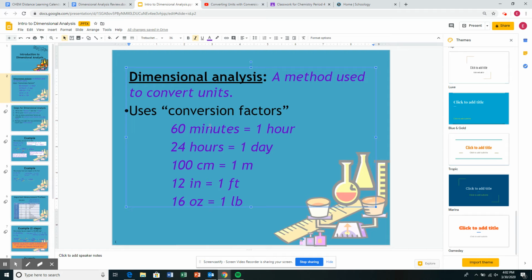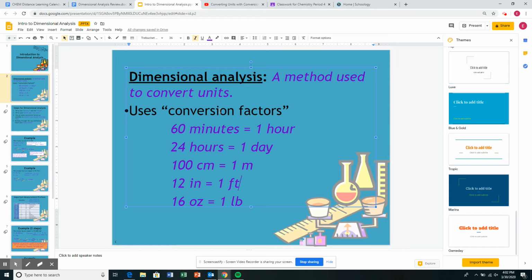So minutes is a unit and hours is a unit. Hours is a unit, days are units. Centimeters, meters, inches, feet, ounces, pounds. These are all units, and in dimensional analysis, the main goal is to convert one type of unit to another using what we call conversion factors.